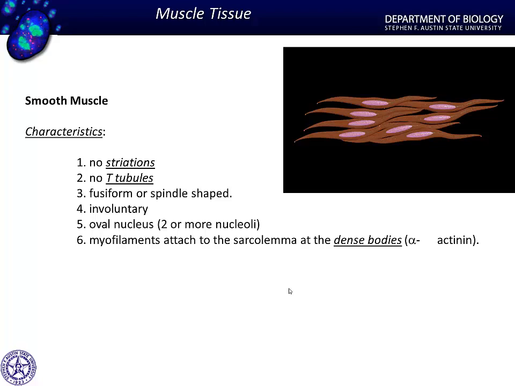So when the smooth muscle contracts, it's going to pull in 3 dimensions, so that cell is going to take up less volume in space. And when you arrange these into sheets or ribbons, especially those that surround hollow organs, you're going to decrease the diameter or decrease the distance from the ends of these sheets of smooth muscle.